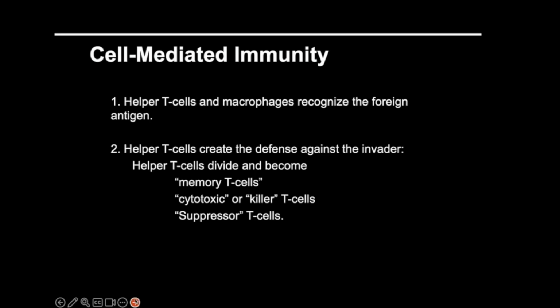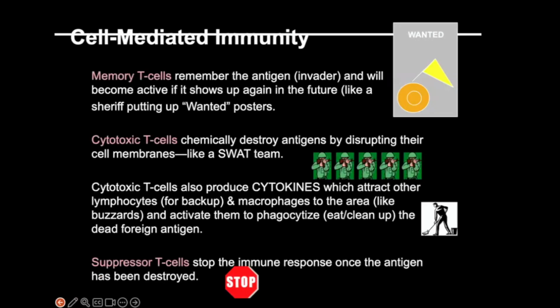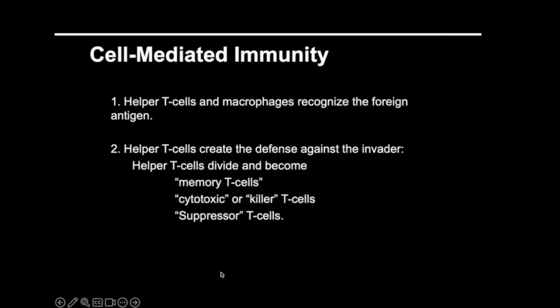All right, let me see if I have a picture for this. I do. Now, don't go too crazy trying to write all this down or memorize it, but I just wanted to show you what happens in cell-mediated immunity. You have some sort of foreign antigen enter your body. Helper T cells and macrophages are the first ones to recognize the foreign antigen.